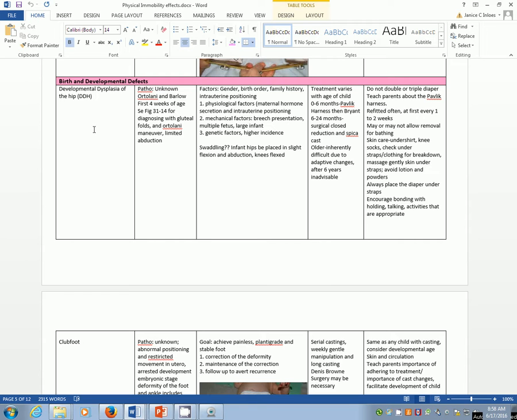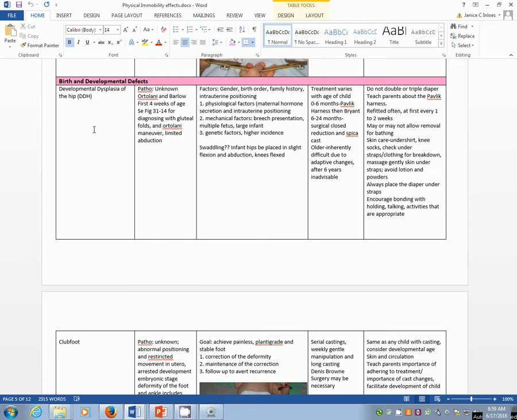Large infants and mechanical factors, breech delivery, and then of course there are the genetic factors. Usually if you've got some family members that have had problems with clubfoot, you will see that developing in your offspring. So there really can be a little bit of a genetic accommodation there.